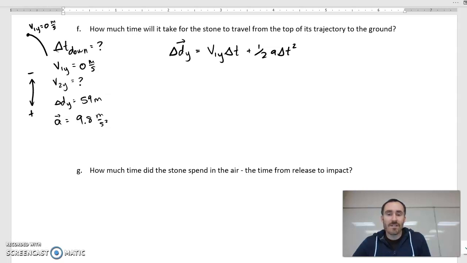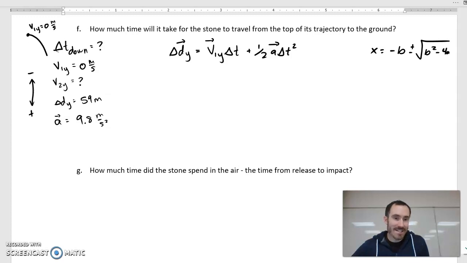you can figure out the time using this equation, plus half a change in t squared. Now this could get real ugly if we're not careful, because if you're solving for time here, this is a quadratic, right? You have to solve a quadratic function in order to solve for time, which means using the quadratic formula. Remember that thing? x equals negative b plus or minus the square root of b squared minus 4ac over 2a. Yep, you can do that.